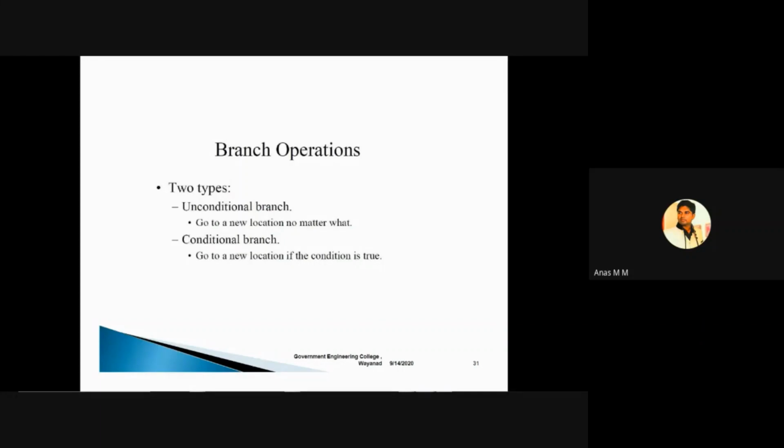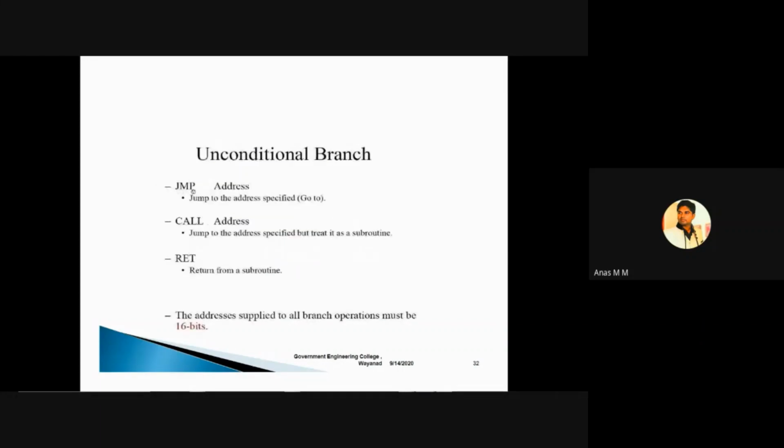For example, jump, call, return. These three, we are not checking any conditions in the flag register. Usually the flag register condition is checked, but here we will not check anything. We will just jump to the location.